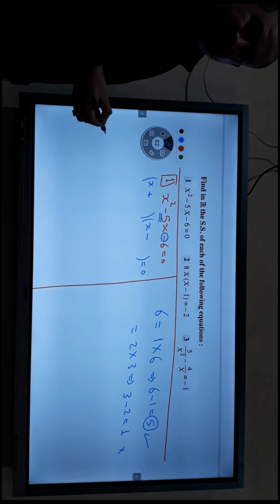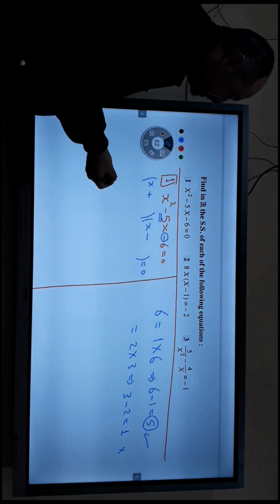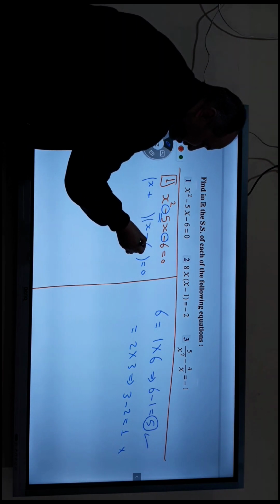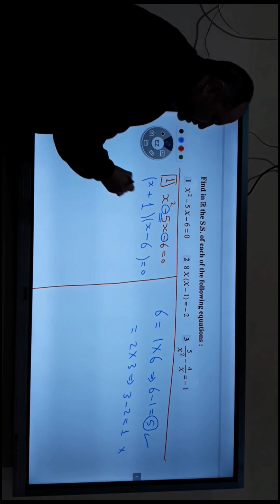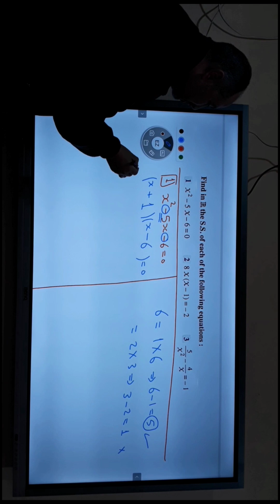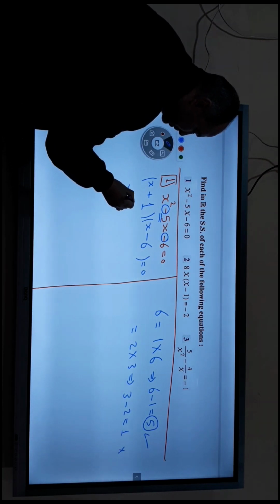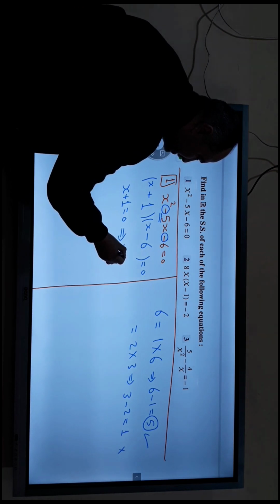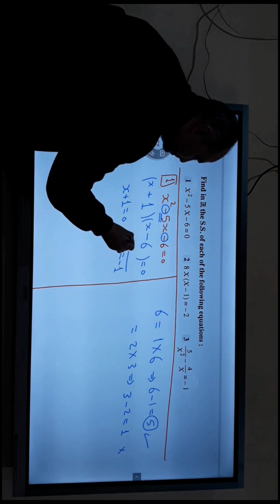Which is the greatest number of them? It is 6. Then 6 takes the sign of the middle term. 6 is negative and 1 is positive. Now we put x + 1 = 0, then x = -1.